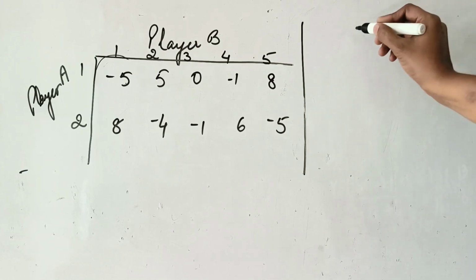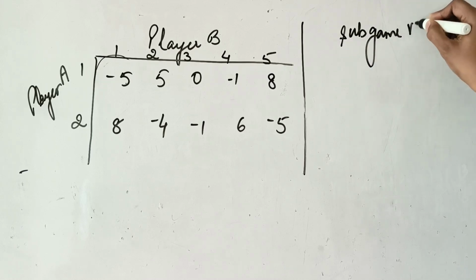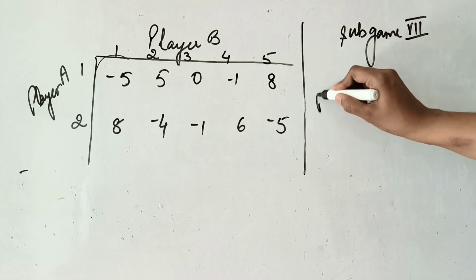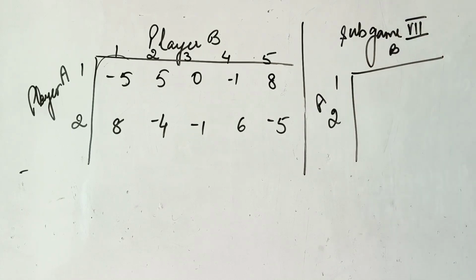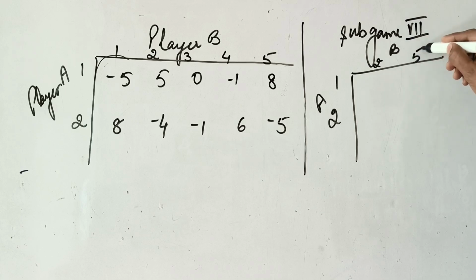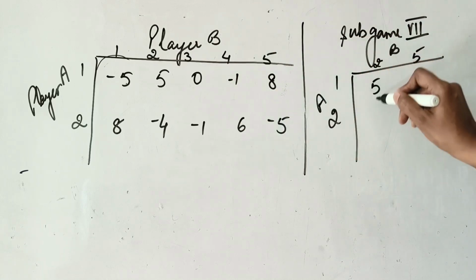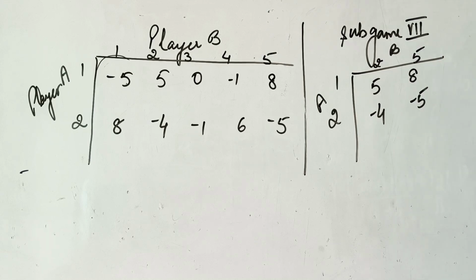Now this is our subgame number 7. For player A, again 1 and 2 strategies. For player B, earlier we had taken the 2nd and 4th strategy. Now I am taking the 2nd and 5th strategy. The 2nd is 5 and -4. The 5th is 8 and -5. Now let us see whether this game has a saddle point or not.